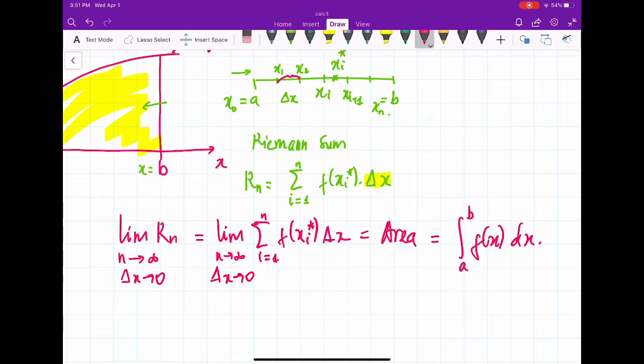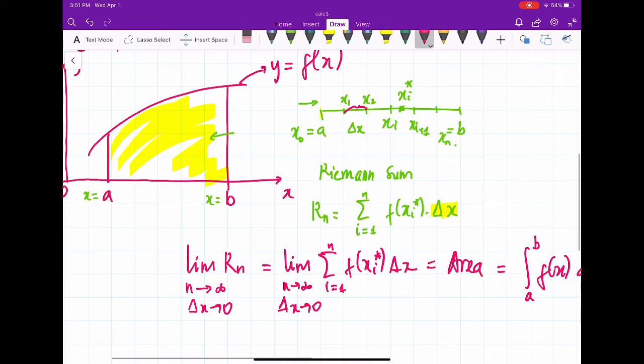So the main idea in this situation is you have to split the region into subregions. Okay, let me write in here. For example, you consider some subregion in here, and you pick xi star right here. For xi star, you have f of xi star. And then you approximate the area of this subregion by the area of this rectangle.